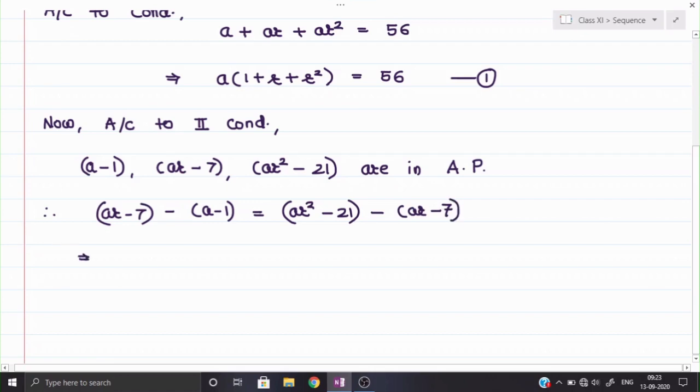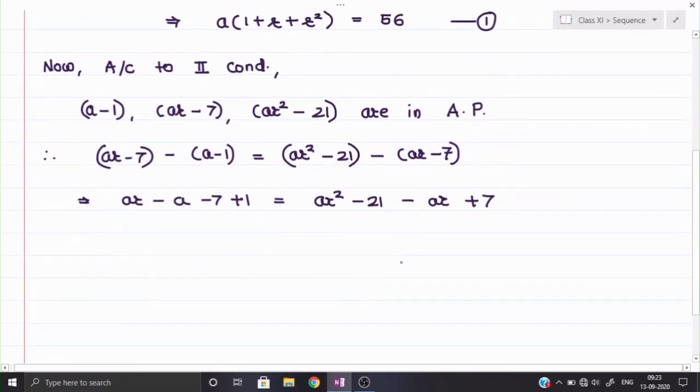If we simplify, this will be AR minus A minus 7 and then plus 1, so minus 6. Same way here, it would be AR square minus 21 minus AR, and this will become plus 7. Now again we shall simplify over here.